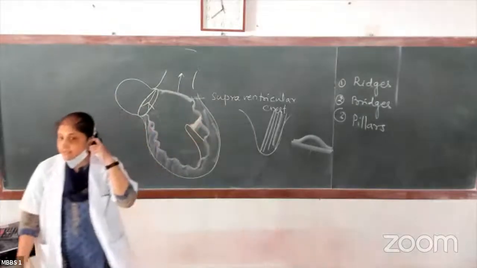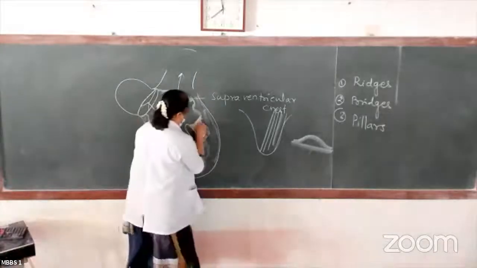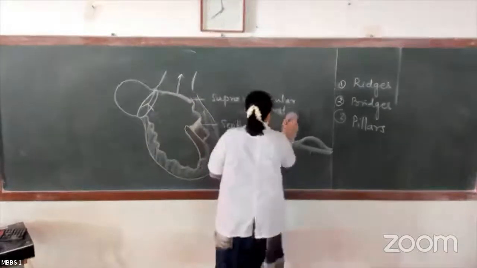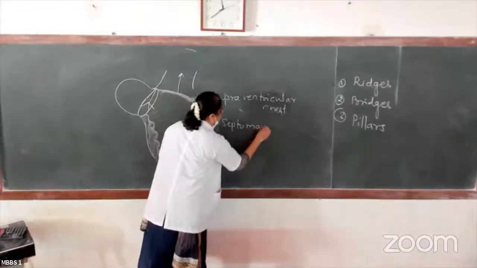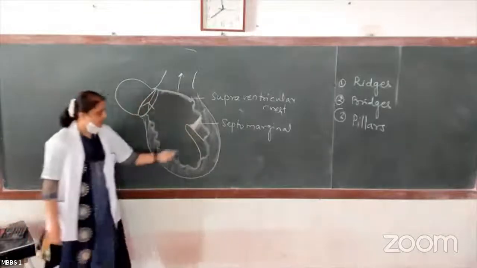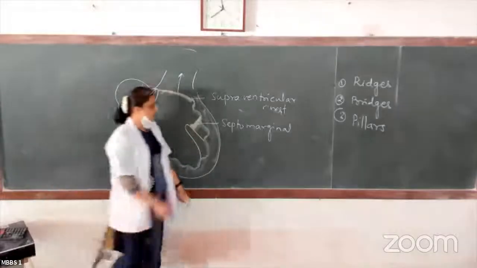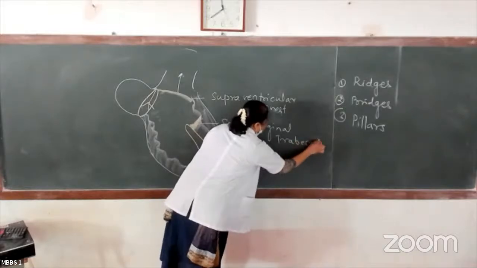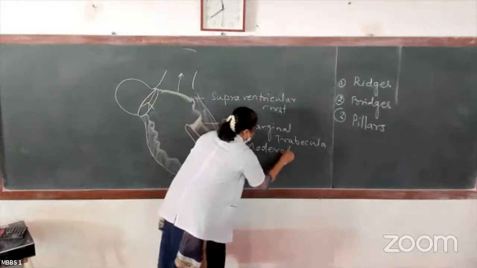This is called the septomarginal trabecula. Why is it called septomarginal? Because one end is attached to the interventricular septum and the other end to the margin of the anterior papillary muscle. It is also called the moderator band.